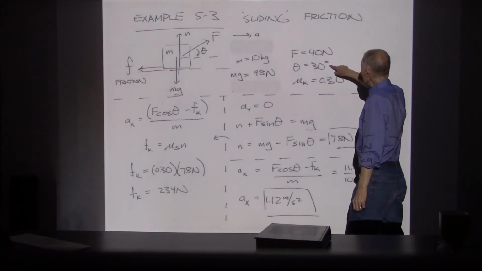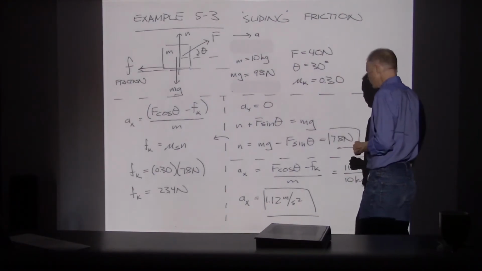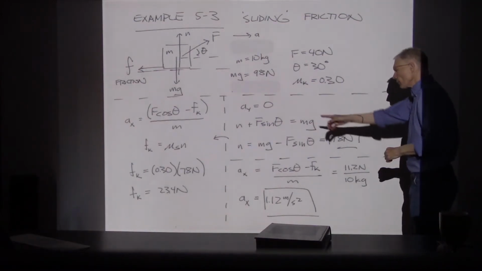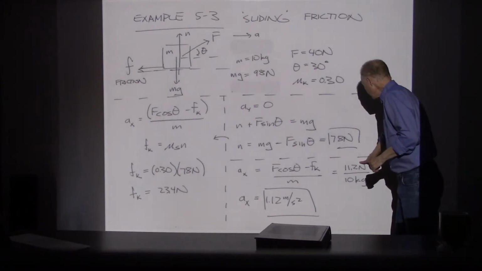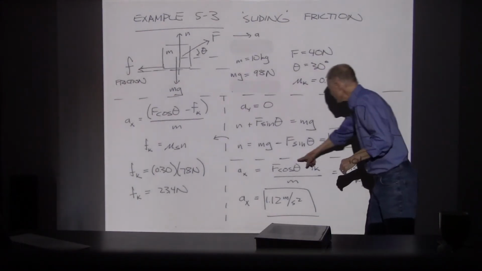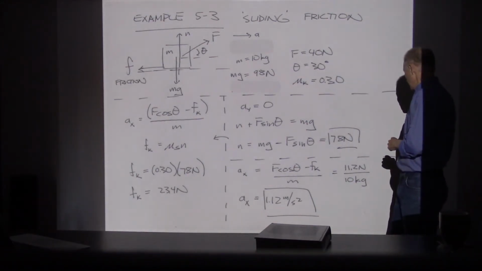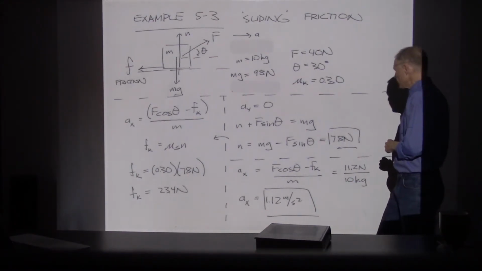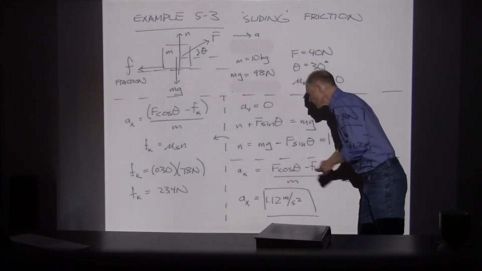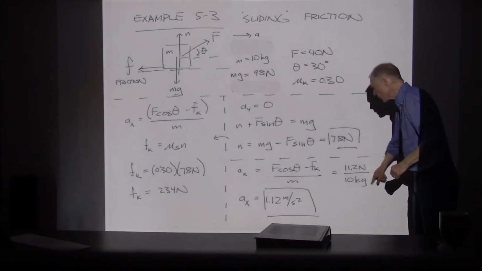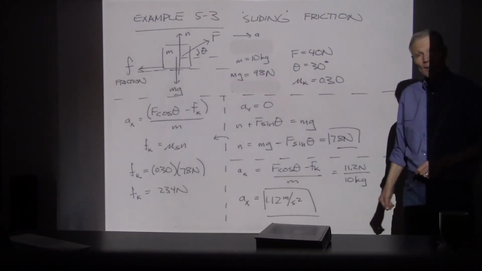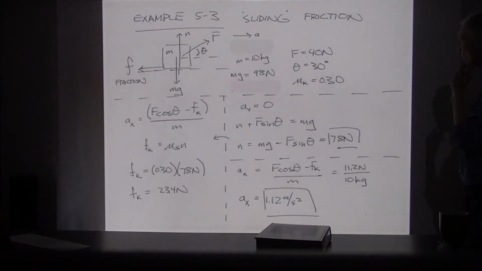It was F cosine of 30, like 30-something newtons, right? The frictional force is 23, and we have a remaining 11.2 newtons of force. So this was like 30, what does that add up to be? 34.6 maybe? 34.6 minus 23.4 is giving us 11.2, and I divide through by the inertia. It says that the acceleration we're expecting is 1.12 meters per second squared.